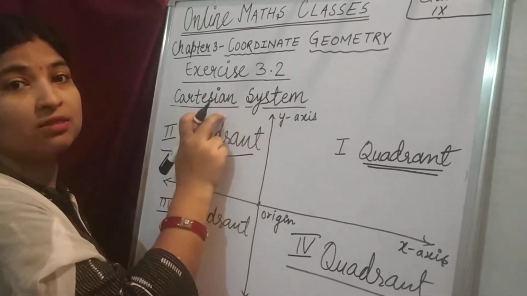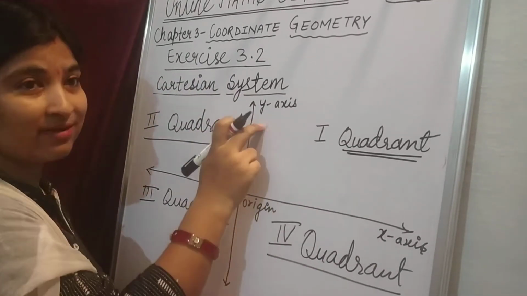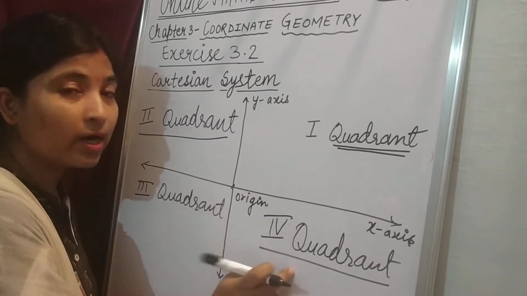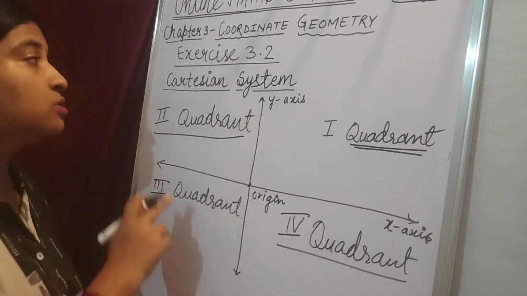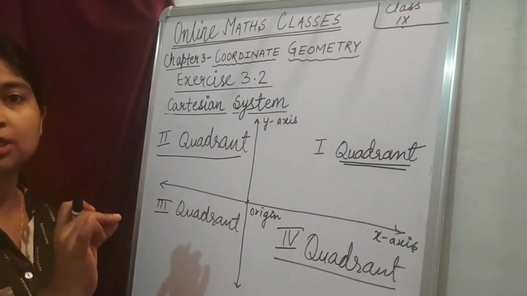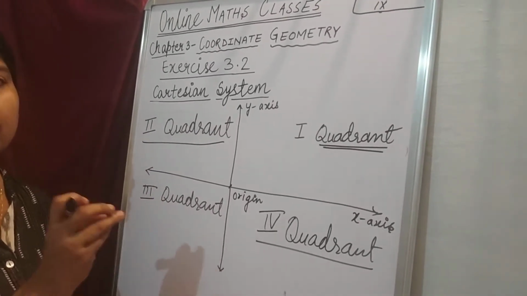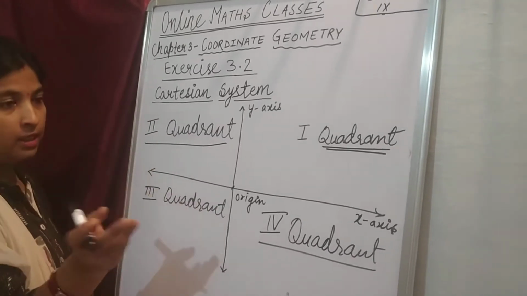Cartesian system is a system which is having x-axis and y-axis, origin and all four quadrants. Any doubt in this? If you are having doubt, you can ask me in the message.